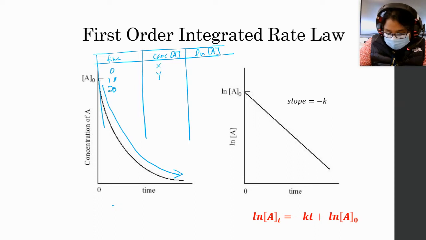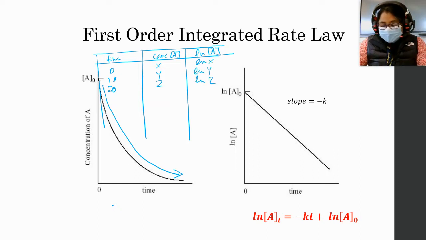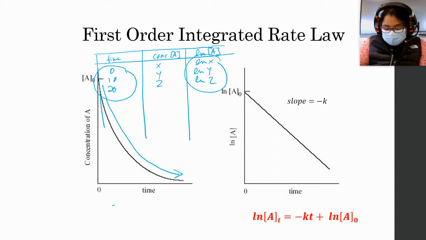Concentration is like X, Y, Z. And then you would have to do ln of the X, ln of the Y, ln of the Z, etc. If you plot this column and this column together, and you get your straight line, that means you have a first order reaction.